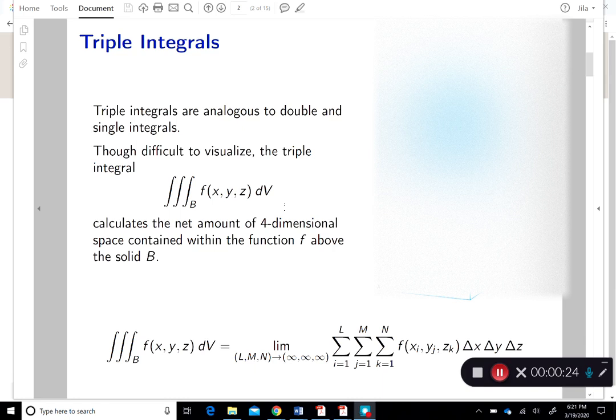For a double integral, we had a two-dimensional domain, and we would find the volume over that two-dimensional domain.